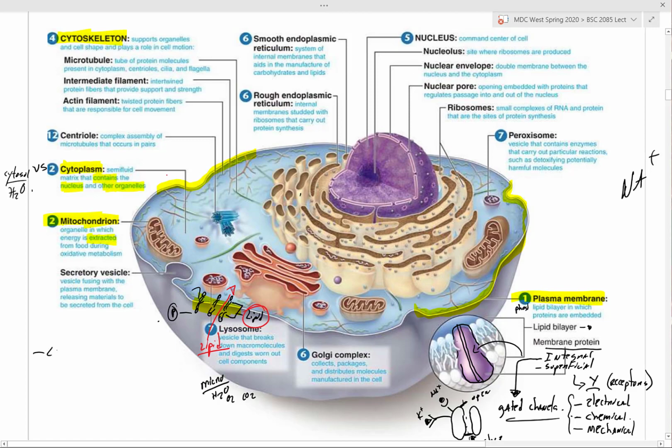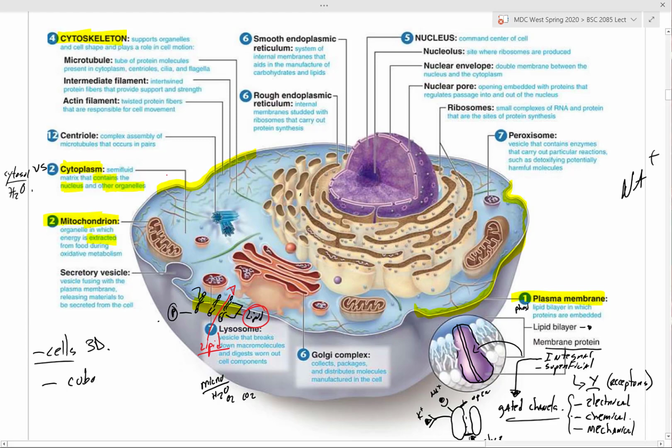So cells, 3D shape. The cell's 3D shape means what? What are the different type of cells that you already have? It was covered in the lab. You should have all had this. What are different type of cells? No. The shape, the 3D shape of the cells.